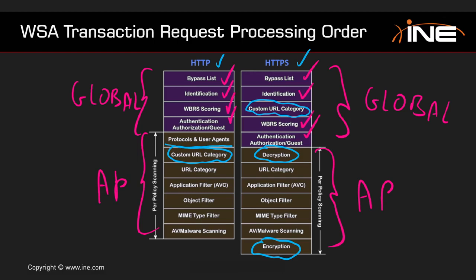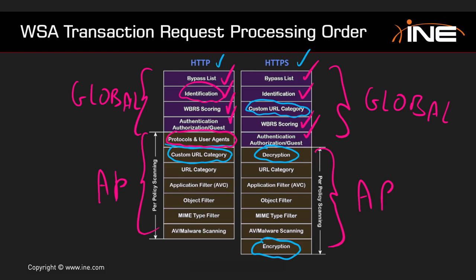So when we found our identification profile, we already have a profile. We did some other inspections in the meantime. We enforce authentication or disable authentication. In case of HTTP, we're going to start evaluating the transaction characteristics in terms of the protocol, port number, and then the user agent.